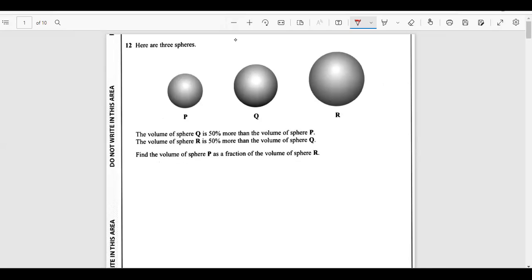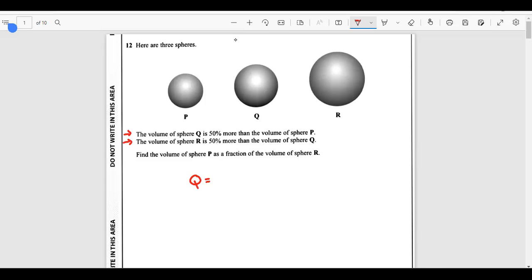Right. Okay. So first of all, we need to understand this and this, and then we'll talk about the last part. So what do you think? What exactly is the examiner trying to say when he says the volume of sphere Q is 50% more than the volume of sphere P? So that Q is basically 50% bigger.